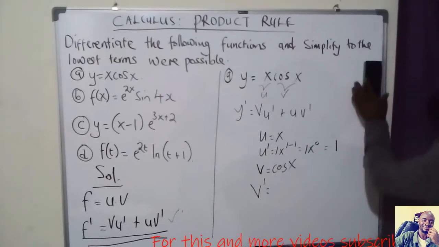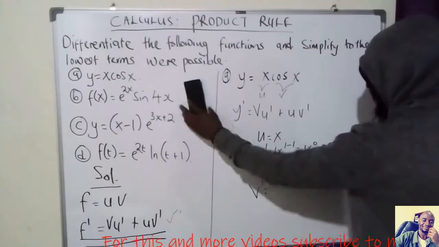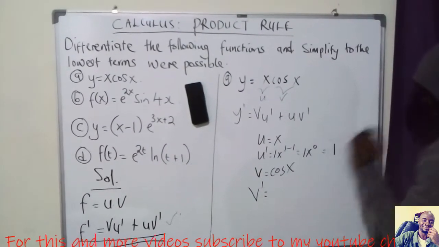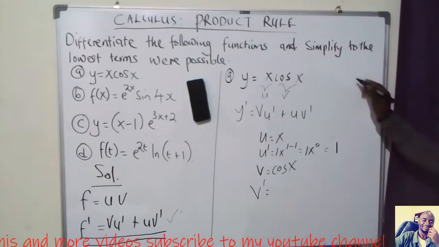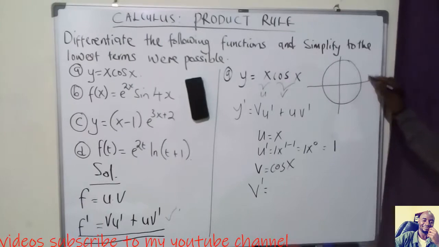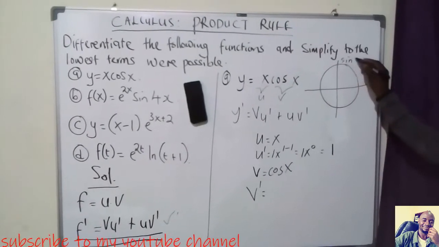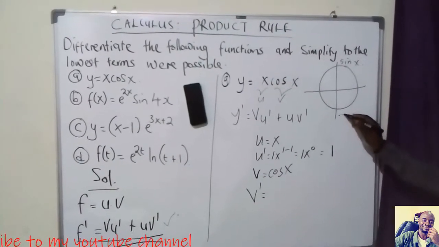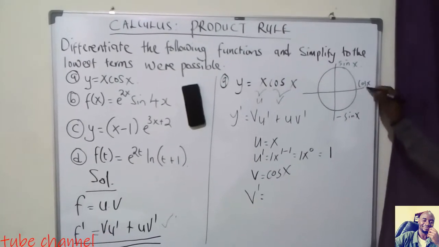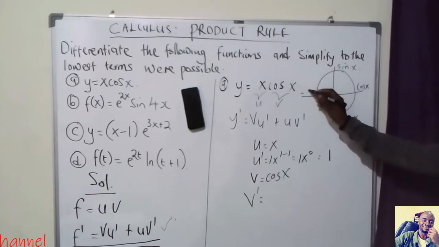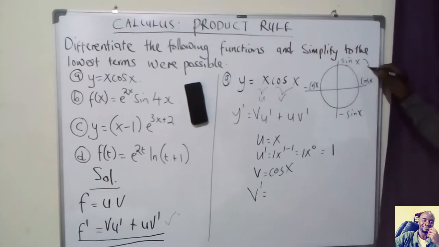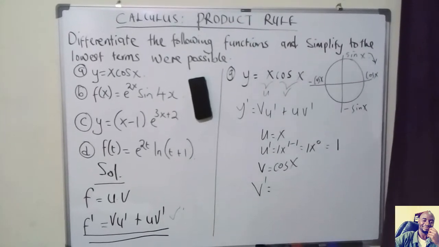When you're differentiating trig functions like cos or sine, there is an easy way to remember. You draw up your circle like this. On top here you put sine x, here you put negative sine x, here you put cos x, there you put negative cos x. If you are differentiating, you go in the clockwise direction.